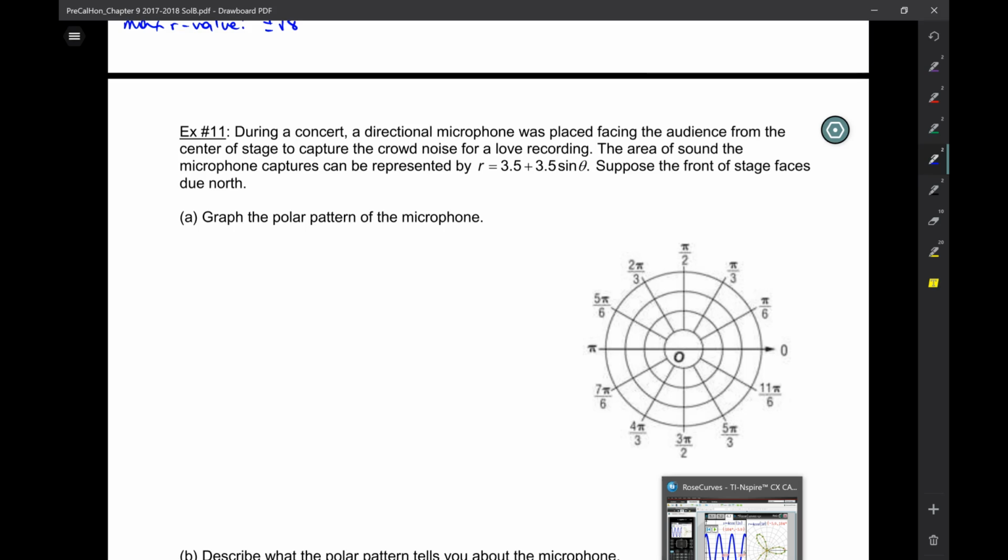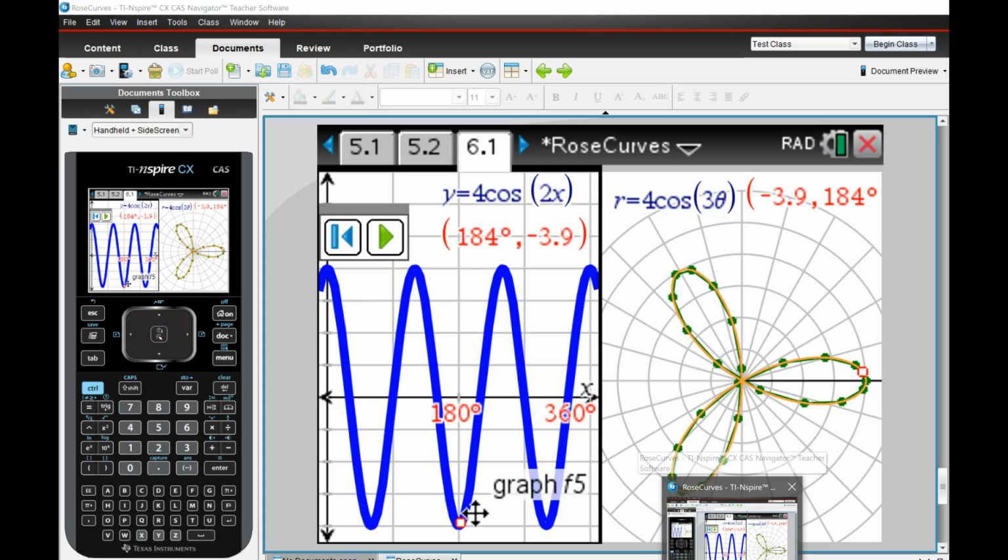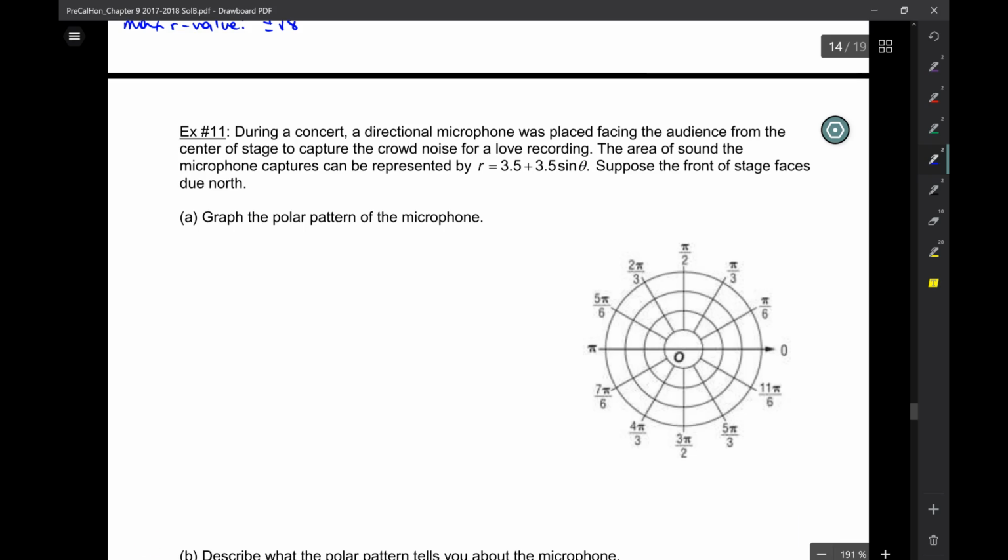You know what we're talking about? Okay. Basically, oops, what happened? Okay. The area of sound the microphone captures is represented by that. Okay?